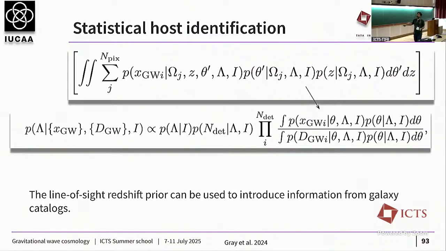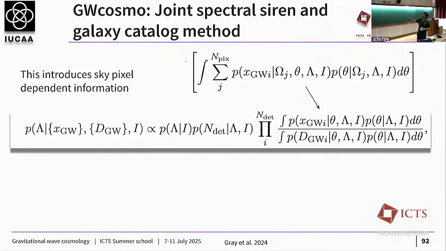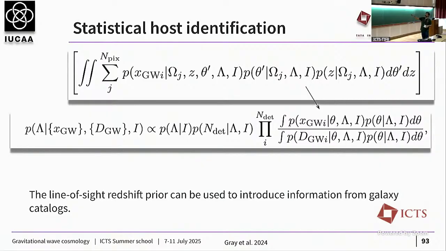And so this p of theta prime given omega j, lambda I, multiplied by p of z given omega j, lambda I, I'm going to separate out. I'm saying that these are independent quantities, and that's the reason why I can multiply these probabilities. And the integral over d theta now will become an integral over d theta prime and dz. So that's what you see.